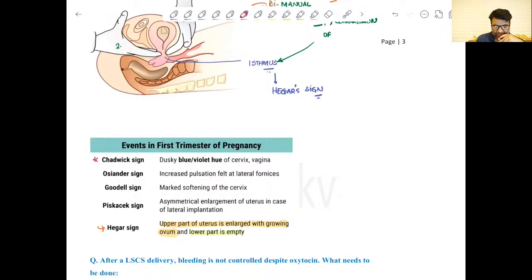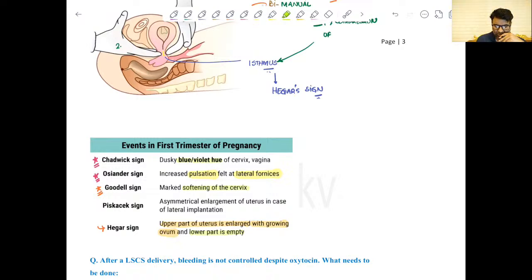One is of course the Chadwick sign, where there is a dusky blue or violet hue of the cervix and vagina, a bluish or purplish discoloration. Then there is Osiander's sign, which is increased pulsation felt in the lateral fornices. And then there is Goodell's sign, which is softening of the cervix.